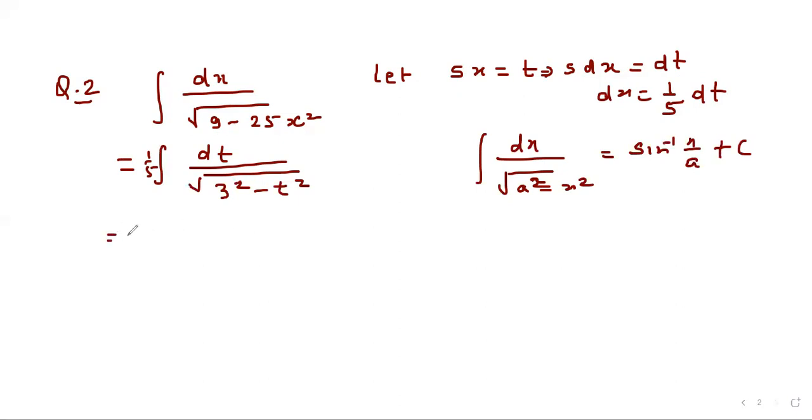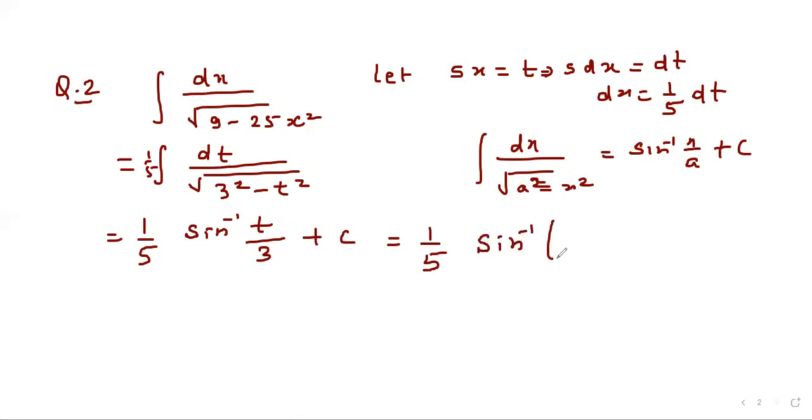So this will become 1 upon 5 times sine inverse, here x is t divided by 3, plus c, which is equal to 1 upon 5 sine inverse. In place of t, we write 5x divided by 3, plus c. Let's go to next question.